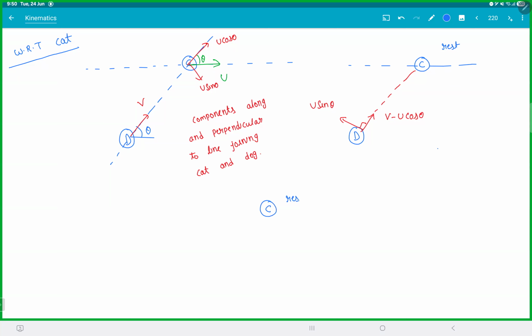So if you're standing on the cat and looking at the dog, the path will look pretty weird actually. So we have v minus u cos theta. This is responsible for decreasing the distance between cat and dog.